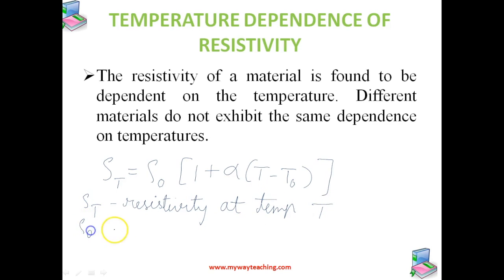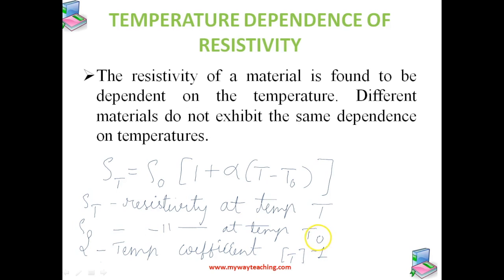And this alpha is the temperature coefficient of resistivity. The dimension of alpha is T raised to minus 1.